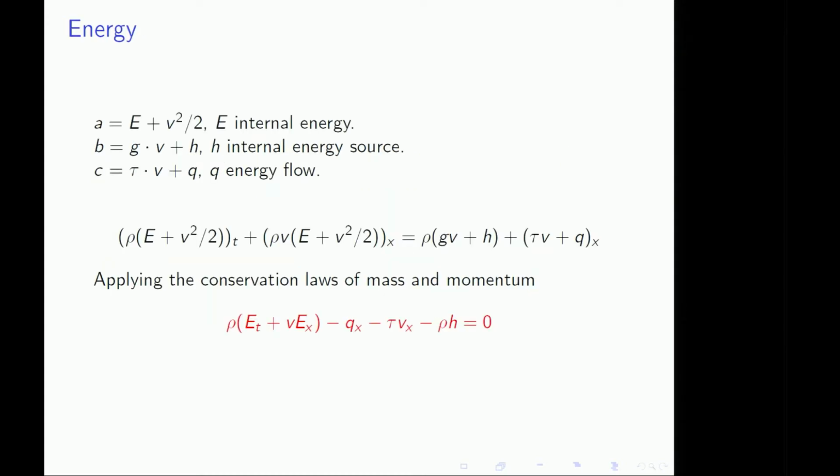Then there's one more conservation law to discuss, which is the conservation of energy. Here, the conserved quantity has component E, which is the component of internal energy, and then it has a component of mechanical energy.